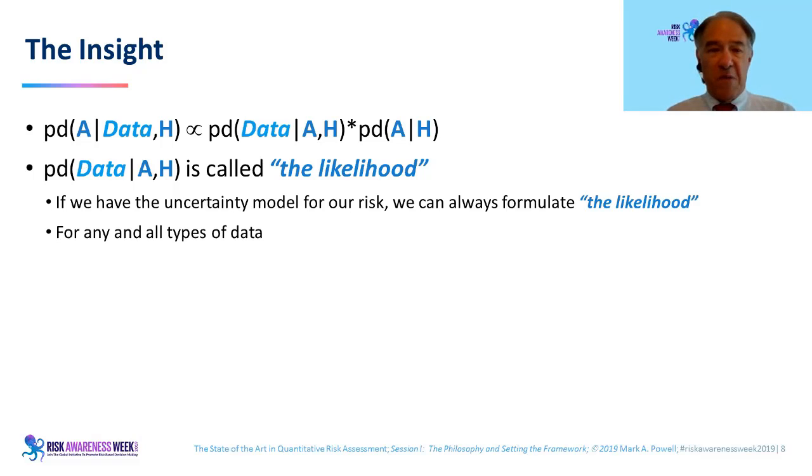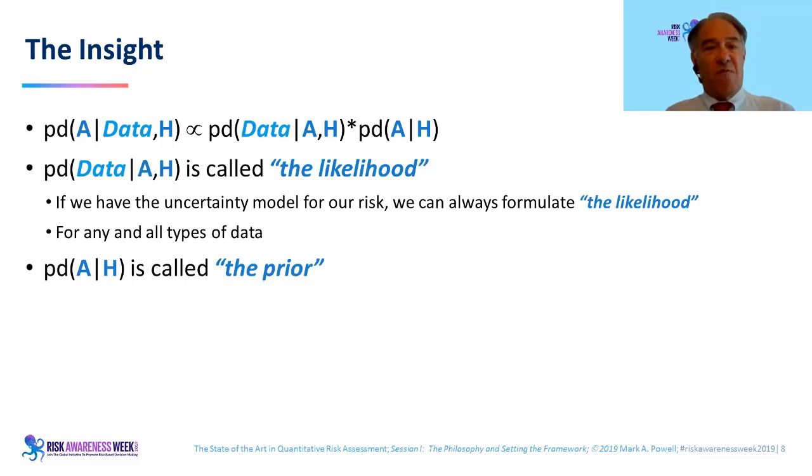There's a lot of information in that, and that's very, very important. That's called censored data. So we can actually formulate the likelihood for both observed data and censored data. We can also formulate the likelihood for using expert opinion or an assumption as actual data in a state-of-the-art quantitative risk assessment. That's always available to us.